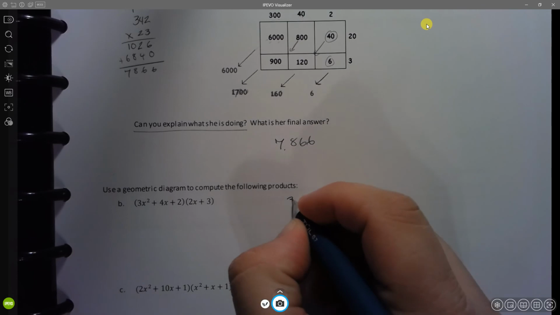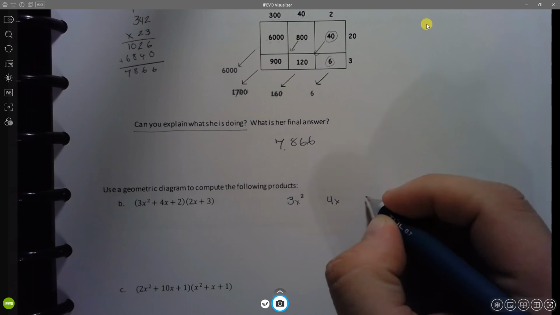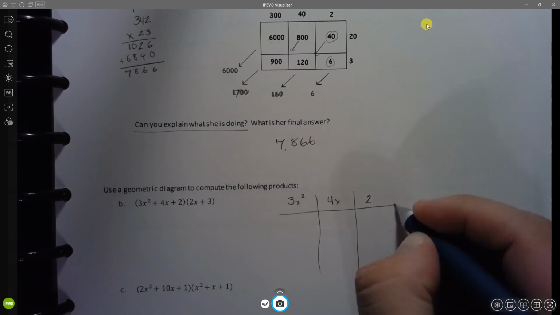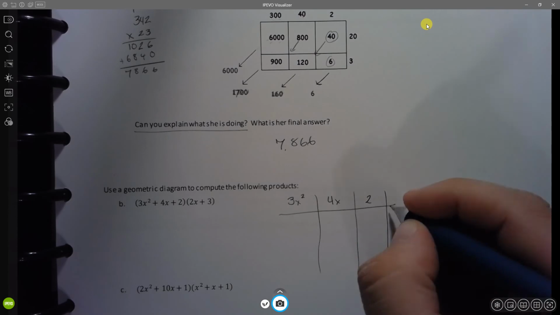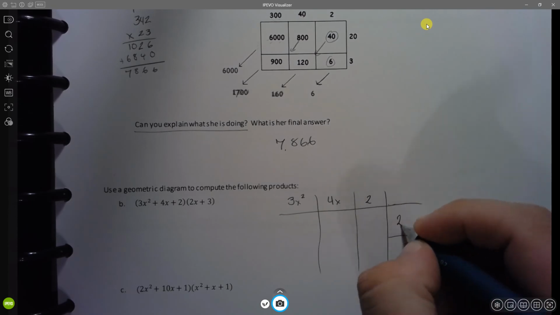You've got 3x squared, 4x, and 2, times 2x and 3.